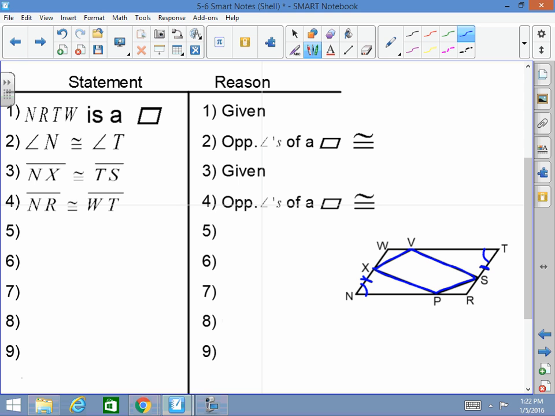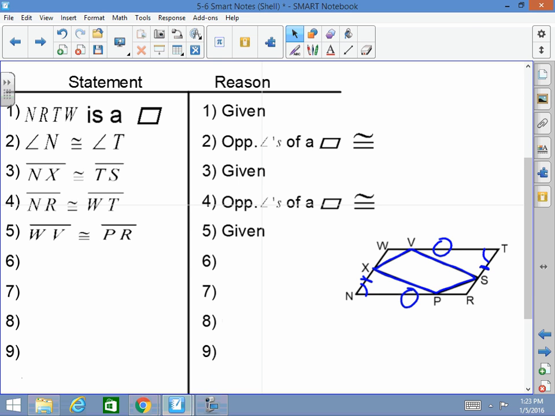So NR, which is this, I'll just circle this whole side here, is congruent to WT. That's definition of parallelogram because opposite sides of a parallelogram are congruent. WV is congruent to PR. That's given. So very good. You're going to use subtraction to prove that NP is congruent to VT.